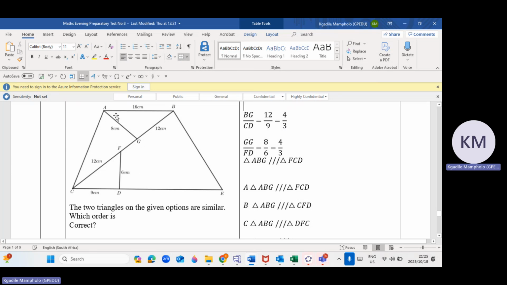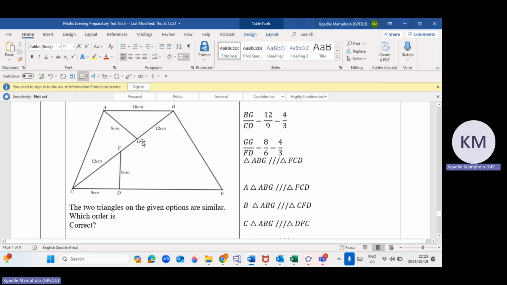BG is opposite to A, CD is opposite to F. Therefore, A equals F. That's why we started with A here, and here we started with F.